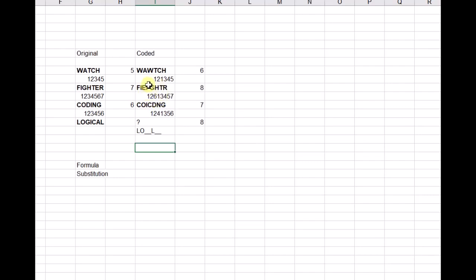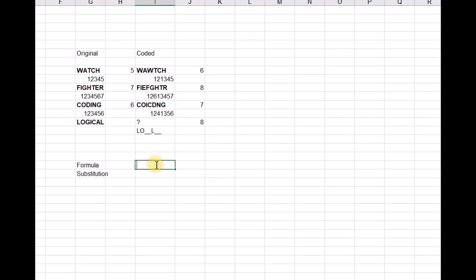It is E. So by looking at this pattern, you write the first character, then you list down the vowels present in the original word, then you repeat the first character again, and then you write the remaining consonants.